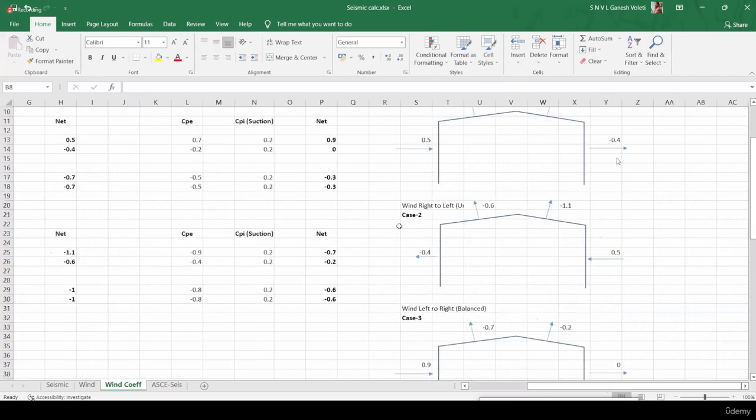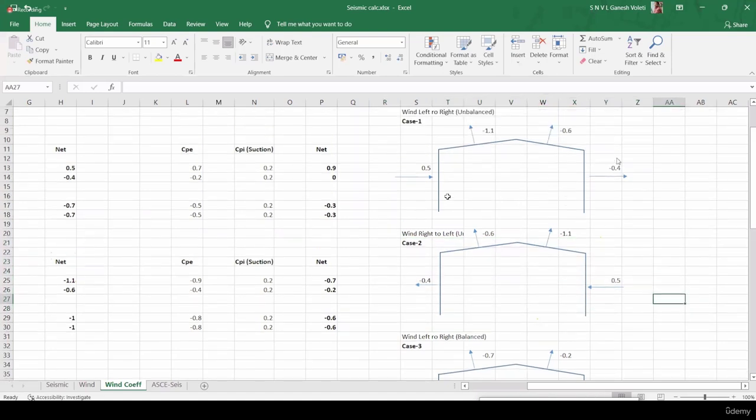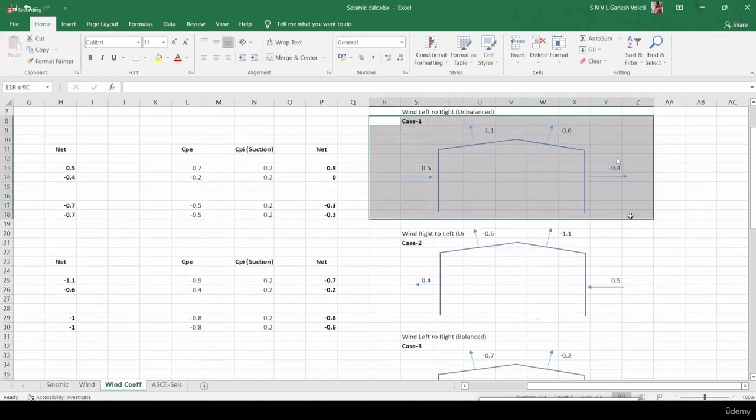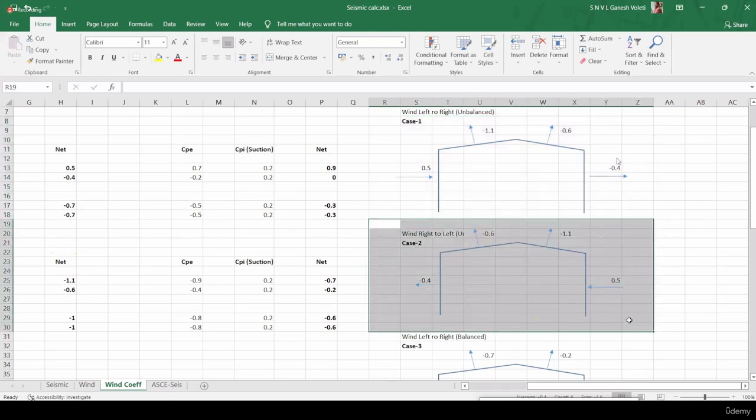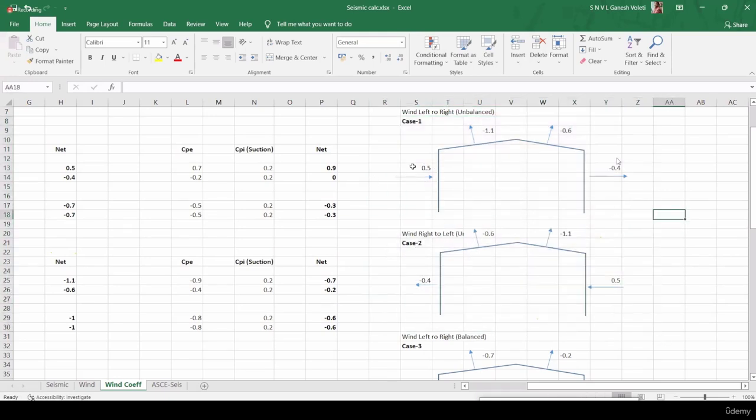Suppose let us take case 2 here. What is the difference between applying wind loads in STAAD between case 1 and case 2? Here you are getting a positive value towards the surface. Positive value is nothing but towards the surface, as per the code sign convention only.